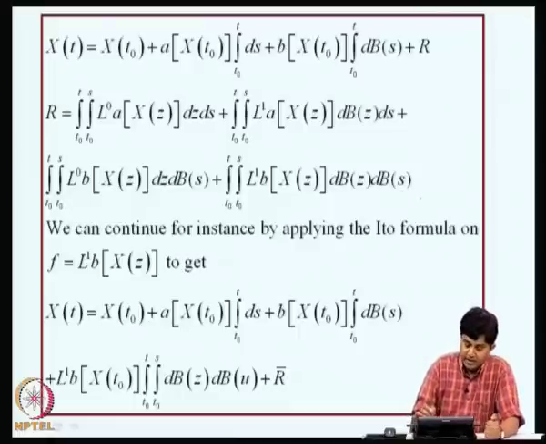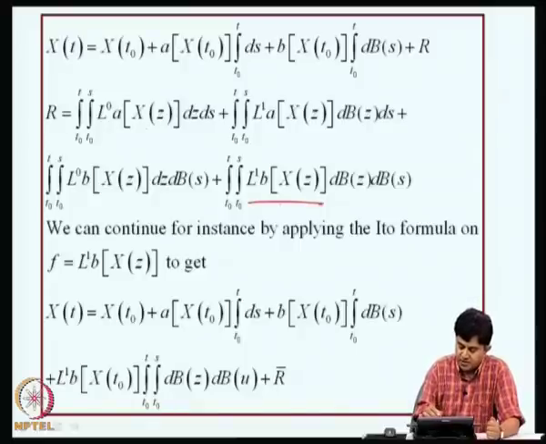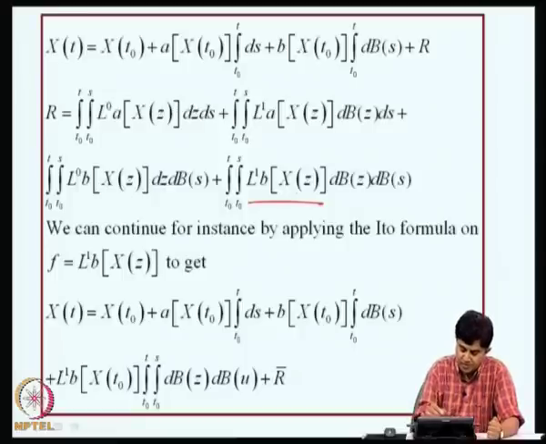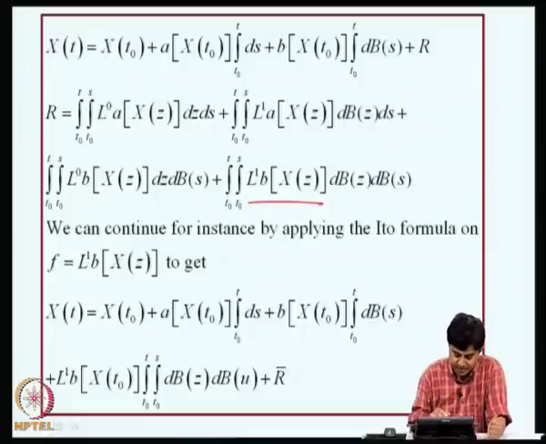Now, we can continue to apply the Ito's formula on the integrands in the remainder term. For example, if we now consider L1 b of x of z and apply Ito's formula on that, I can get a term like this plus a remainder which will absorb the other terms.